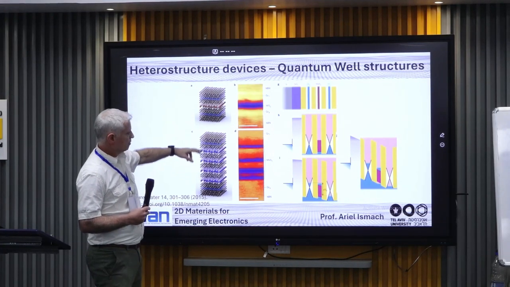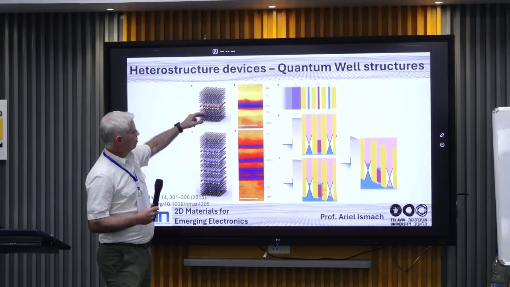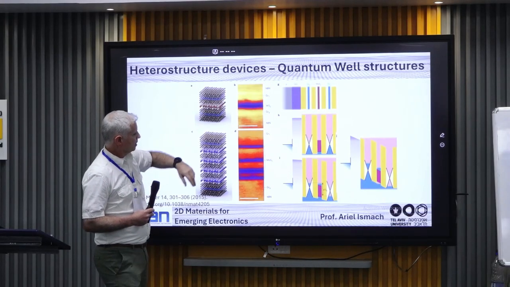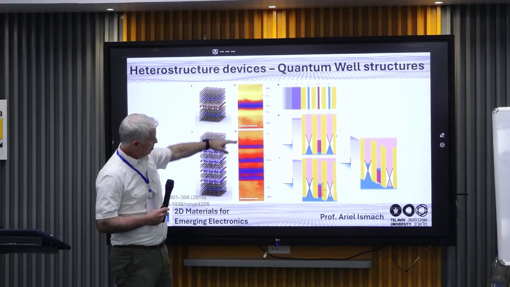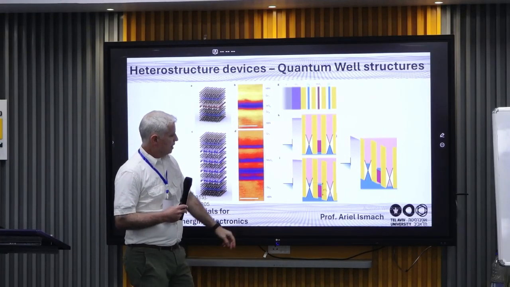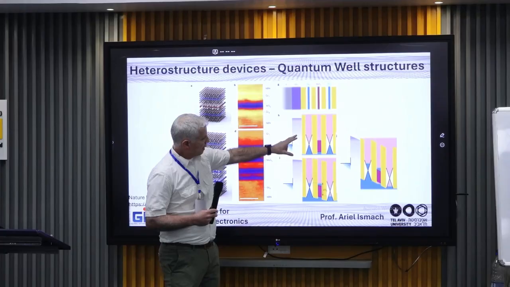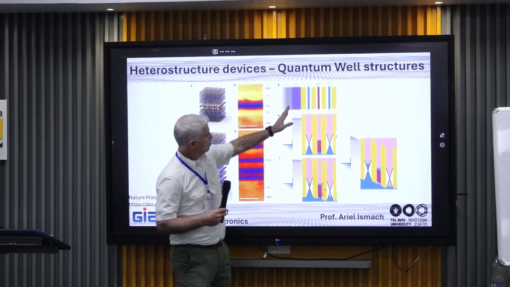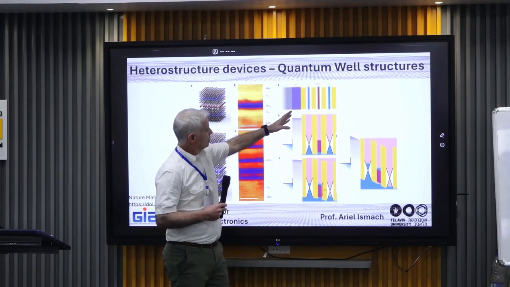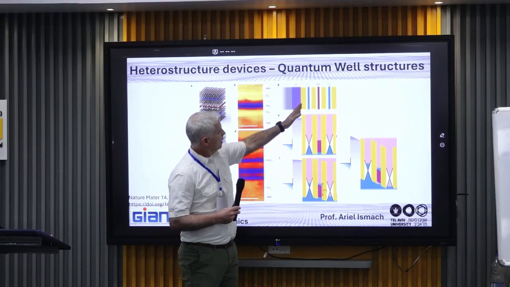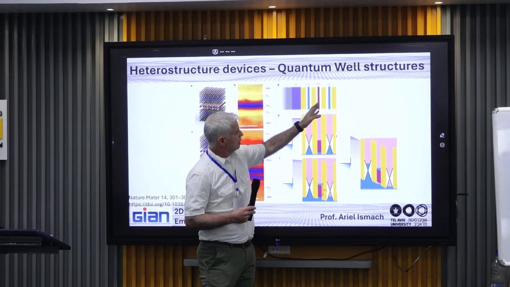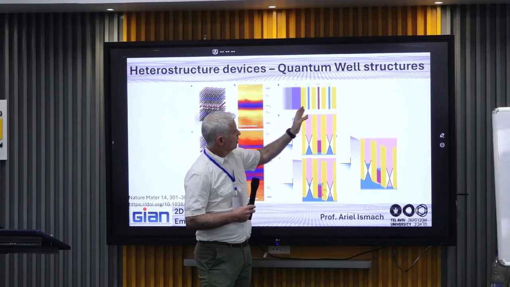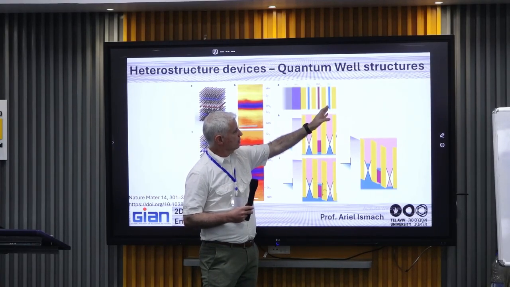Here you have only graphene and hBN. Here graphene, hBN, and also TMD, as you can see here in the cross section, TEM analysis. And then here you have the schematics of the band structure of this stack. We have here the substrate and the boron nitride, or the first graphene, and then the TMD, all separated by boron nitride, and then the graphene.